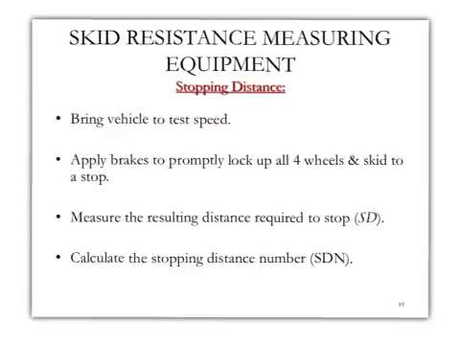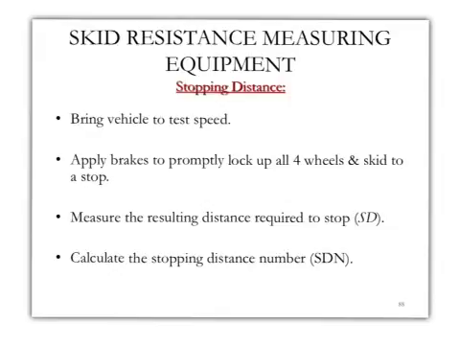So basically at the beginning we would drive the vehicle, bring it to the test speed, and all of a sudden we apply brakes to promptly lock up all four wheels and skid, making the car skid until it stops. Afterwards, we need to measure the resulting distance required to stop.